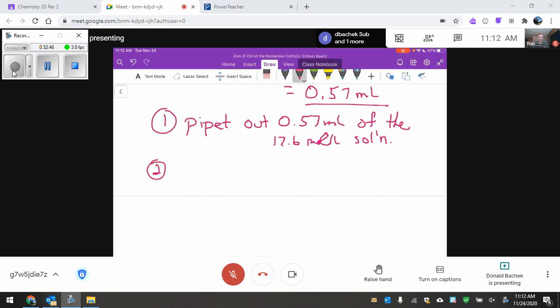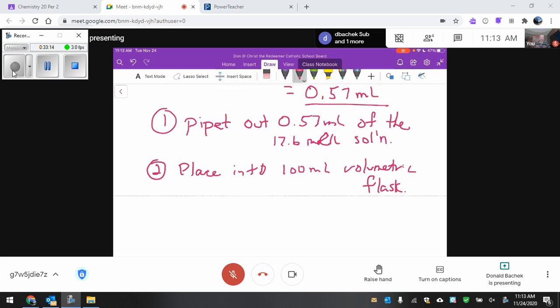That's how this one is different than the last one, because we're starting with the solution. Step 2, I don't need to dissolve it because it's already a solution. So there's no point in putting this into some water. I'm just going to place it into a 100 milliliter volumetric flask.